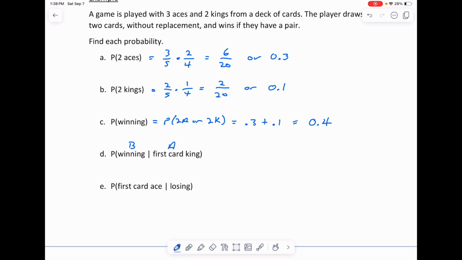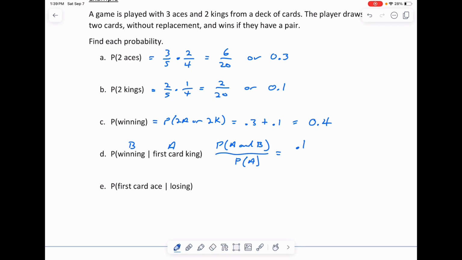B given A. And we want to find the probability of A and B divided by the probability of A, the condition part at the end. So we already know that the probability of getting a king and winning, both of those happening, would only happen if you draw 2 kings. Well, we know that the probability of drawing 2 kings is 0.1. We just found that in part B.